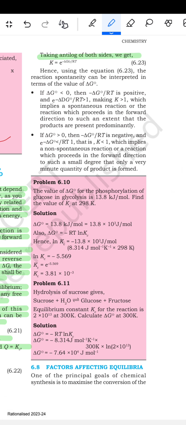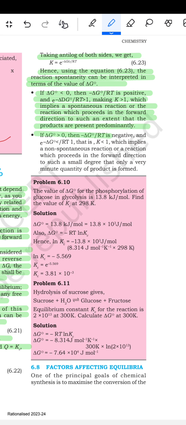Taking the antilog on both sides, we get K equals e to the power minus delta G naught by RT. Hence, using this equation, the reaction spontaneity can be interpreted in terms of the value of delta G naught. If delta G naught is less than 0, then minus delta G naught by RT is positive and e to the power minus delta G naught by RT is greater than 1, making K greater than 1, which implies a spontaneous reaction, or a reaction which proceeds in the forward direction to such an extent that the products are present predominantly.